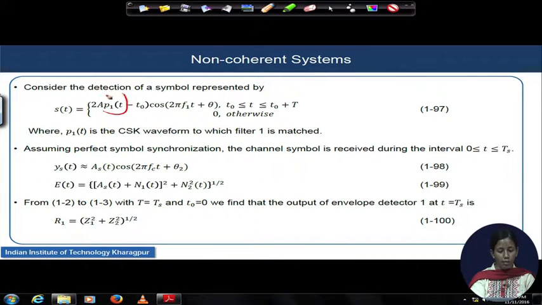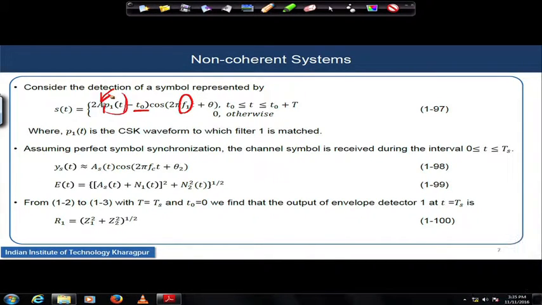P1(t) is one period of the signal getting transmitted of the code sequence, T0 is the delay, and F1(t) is the received signal frequency, and the polarity of capital A will be governed by the data symbol itself.